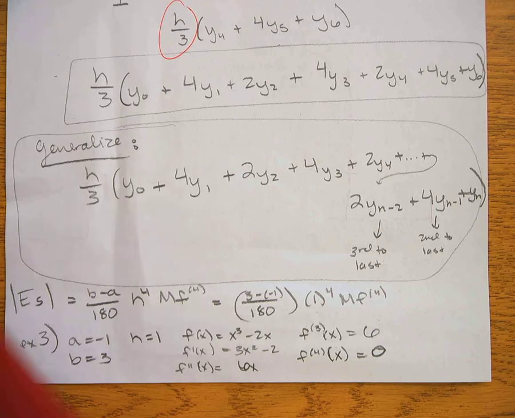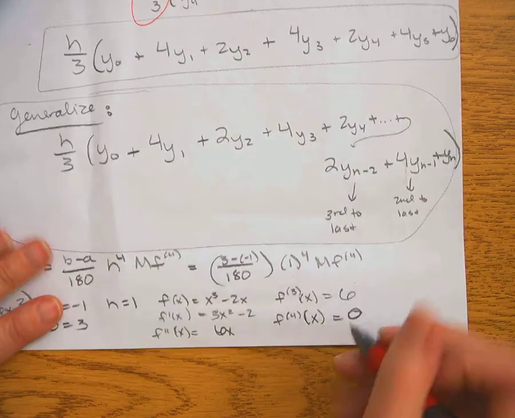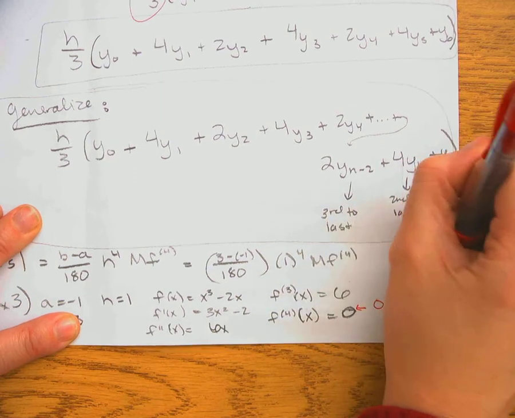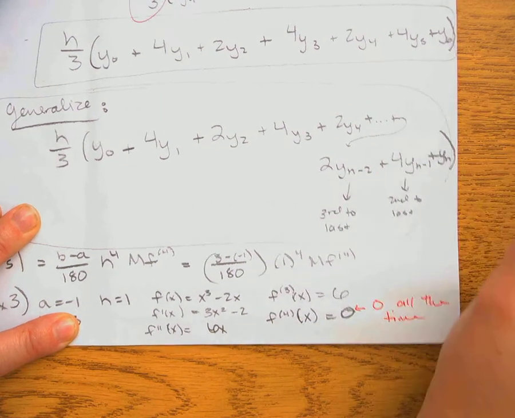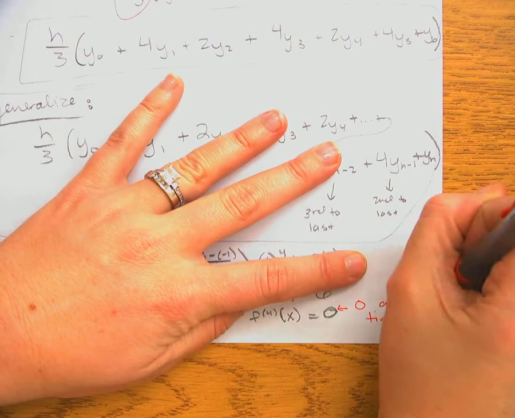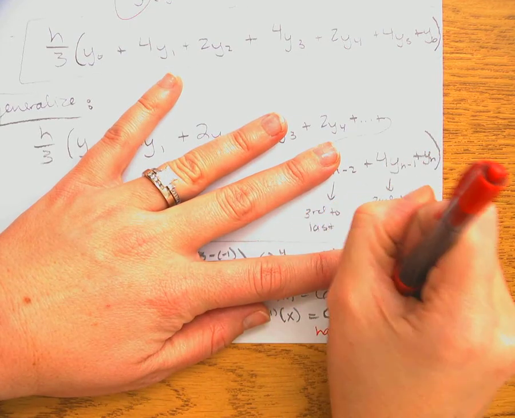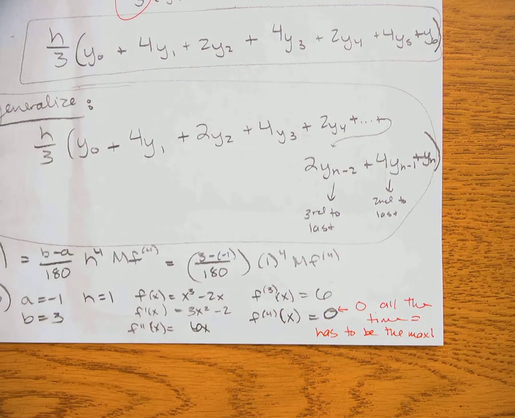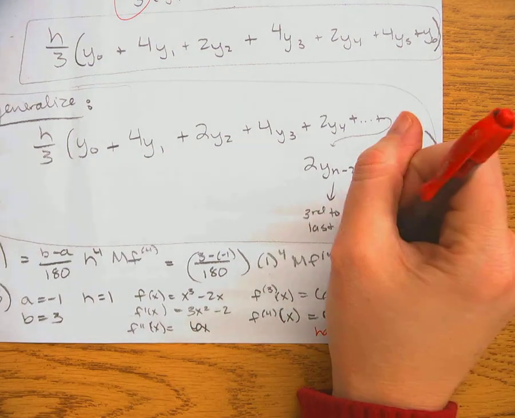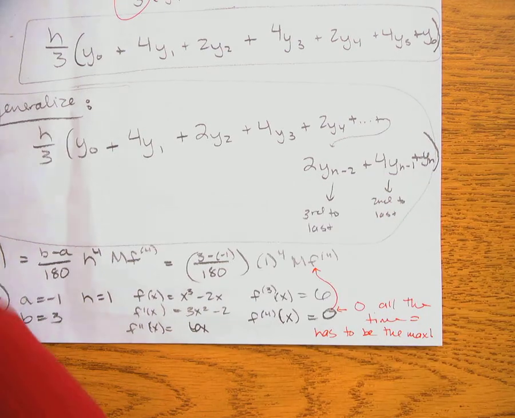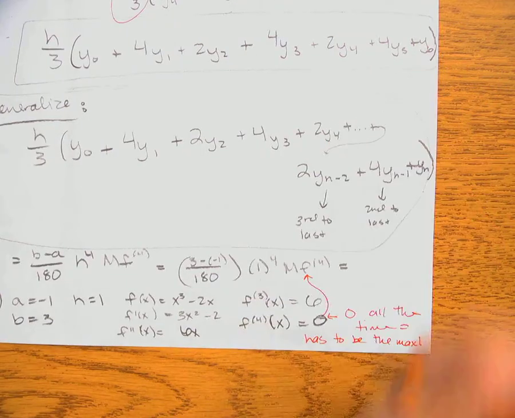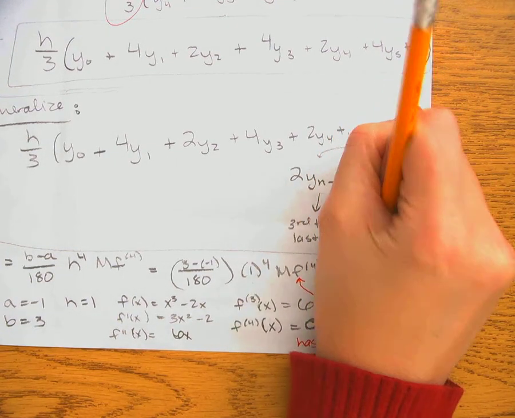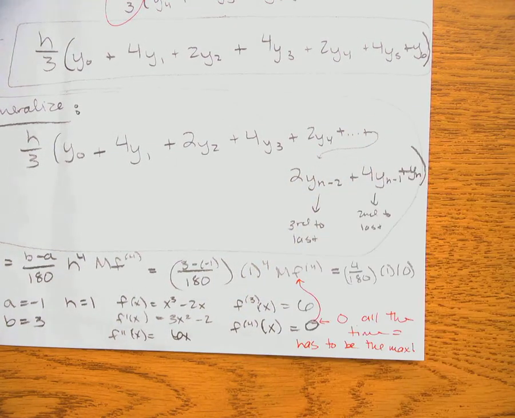So since the fourth derivative is 0 all the time, no matter what x is, that would have to be its max. So it has to be the max. So it's 0 all the time. So I basically can plug 0 in here, and I would get 4 over 180 times 1 times 0.